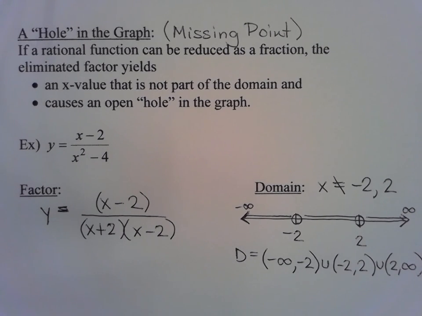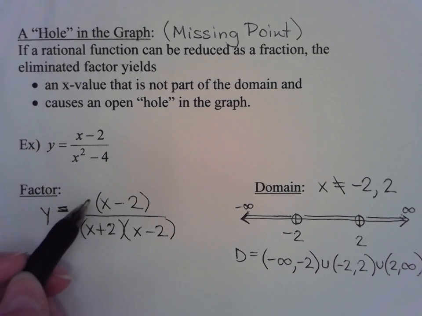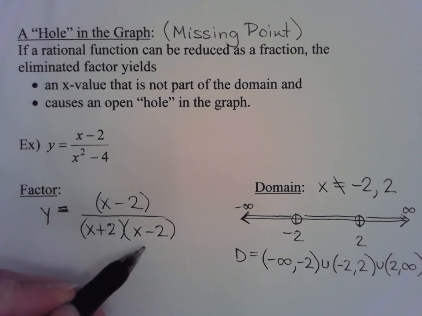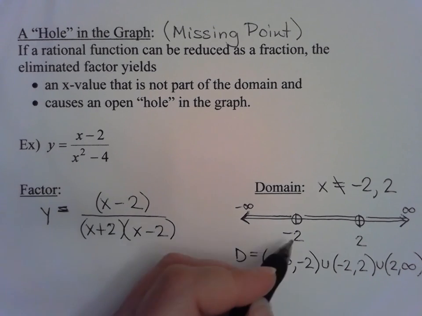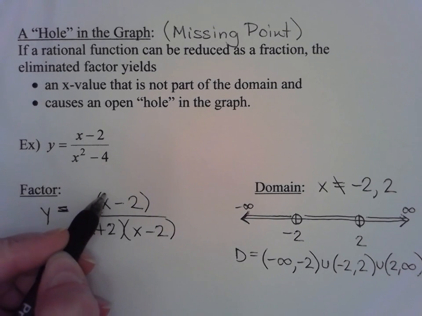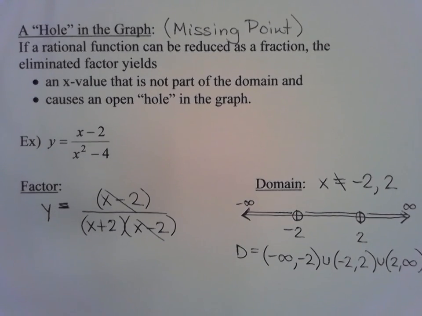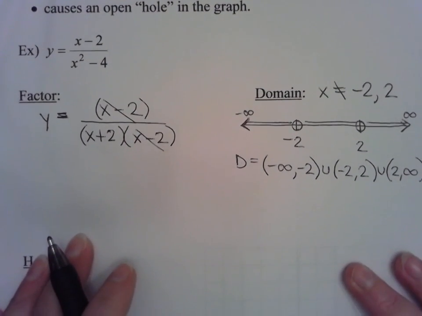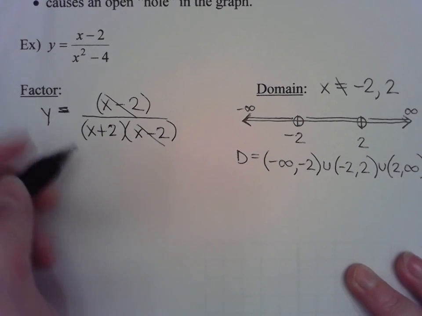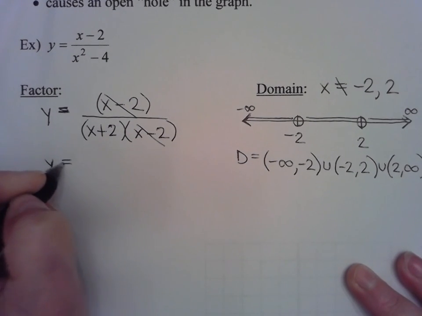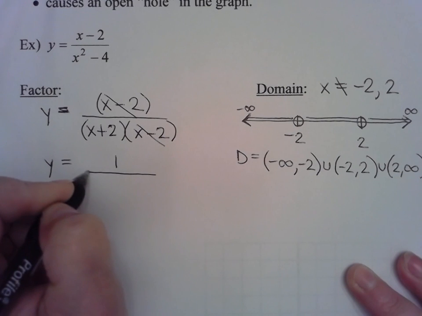They are not both holes though. For this problem, only one of them is a hole. So now let's do our reducing. I did my factoring so that I could figure out the domain. Now let's reduce. I have x minus 2 in the top and x minus 2 in the bottom. Remember, I can only cancel 1 for 1, even if I have multiples.